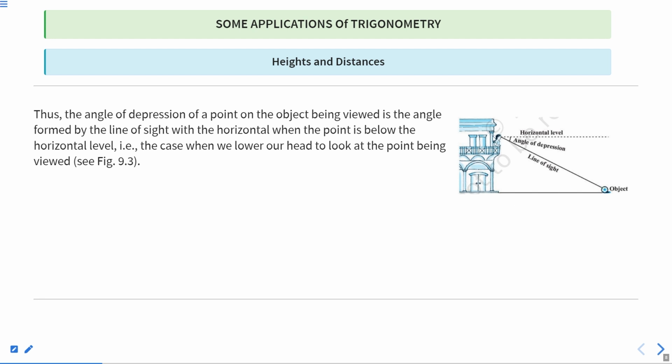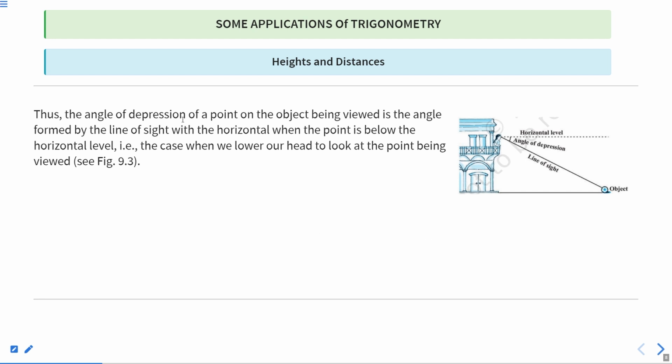This is the horizontal level, and the line of sight is below the horizontal level. The angle formed by the horizontal level and the line of sight is the angle of depression.